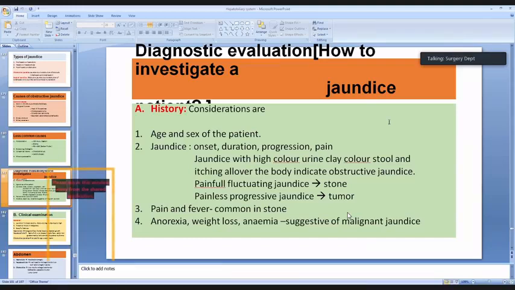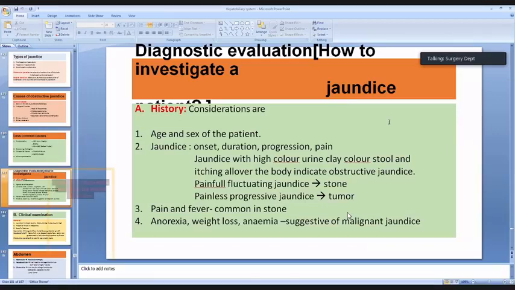And if it is painful and fluctuating, with pain and jaundice increasing and decreasing, then the possibility is stone. But if the jaundice is painless and progressive, with no pain and progressively increasing in depth, then the most likely cause is tumor.